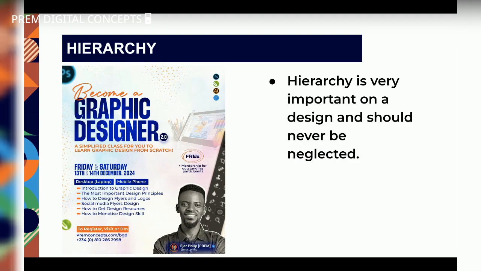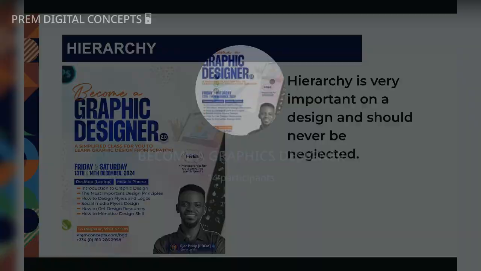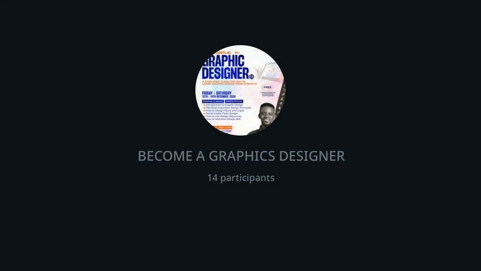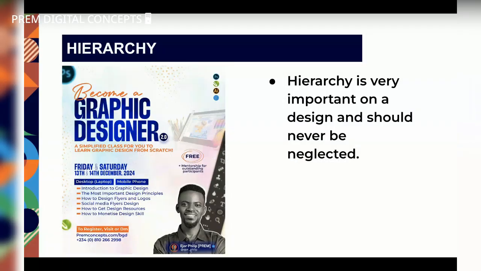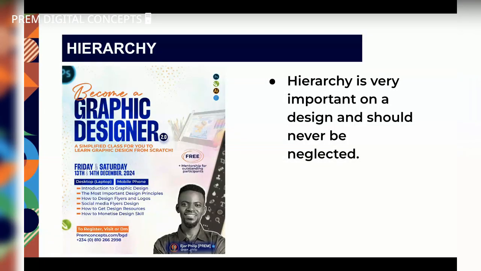You want to design a flyer and you go and use blue and black or blue and green for your flyer, and you just arrange the elements in one kind of way.